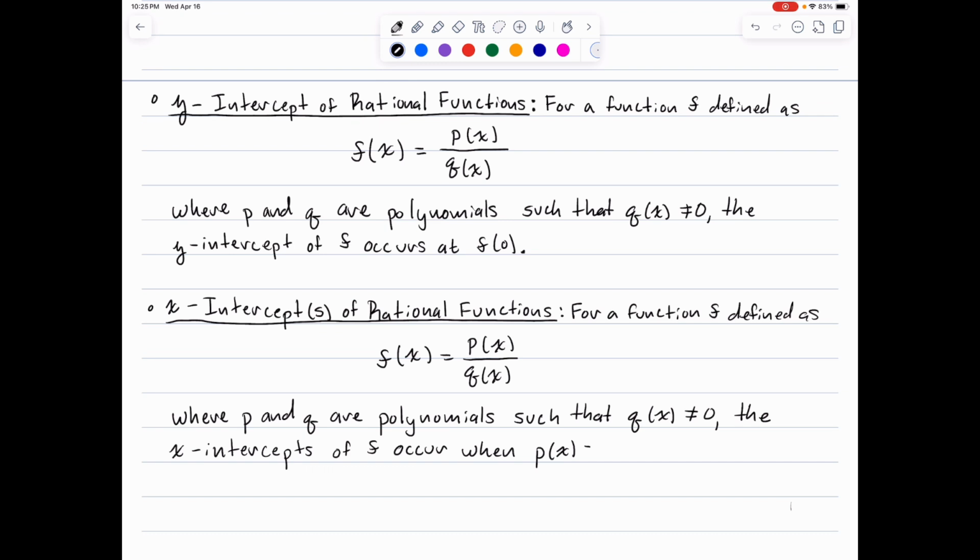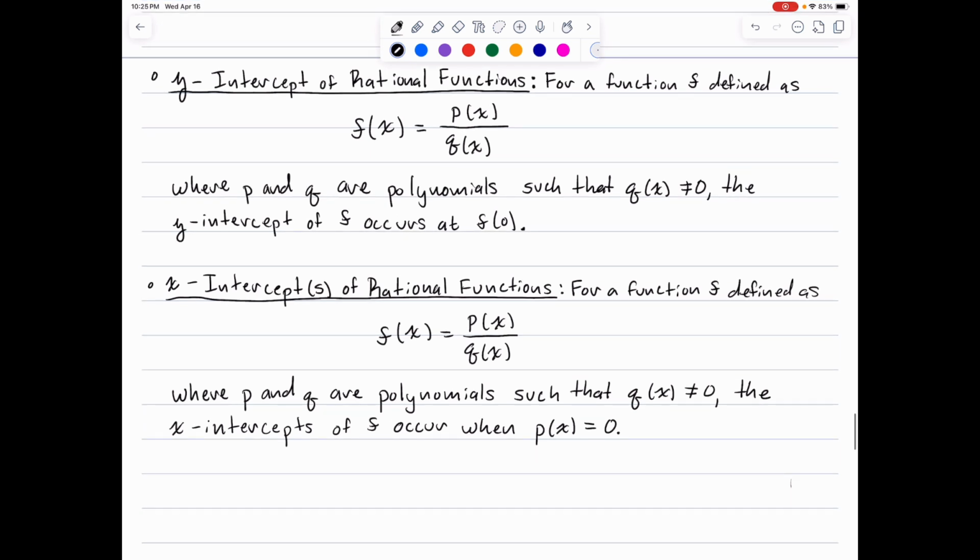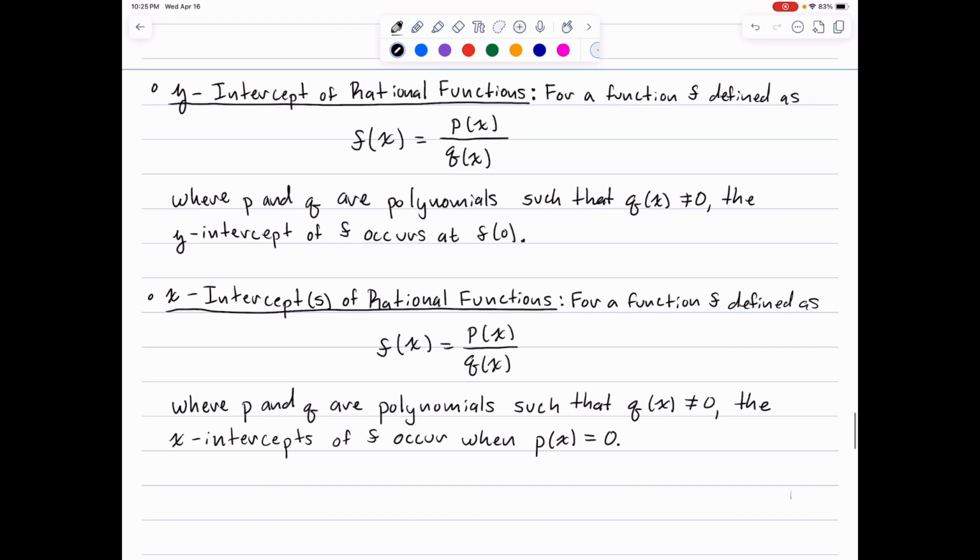So they only occur when the numerator equals 0. So here you can look at both the y-intercept and the x-intercept of rational functions.